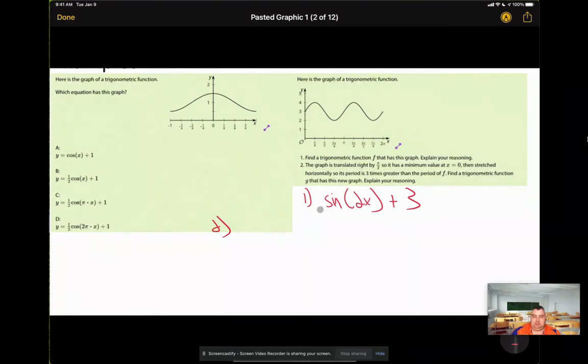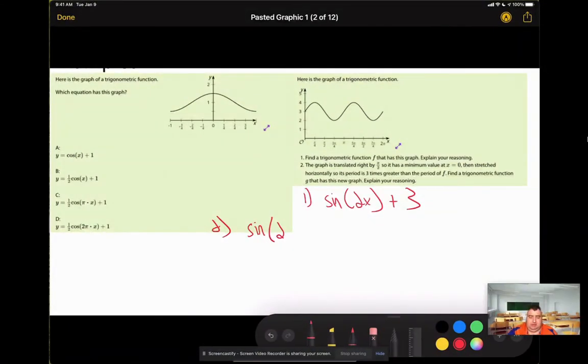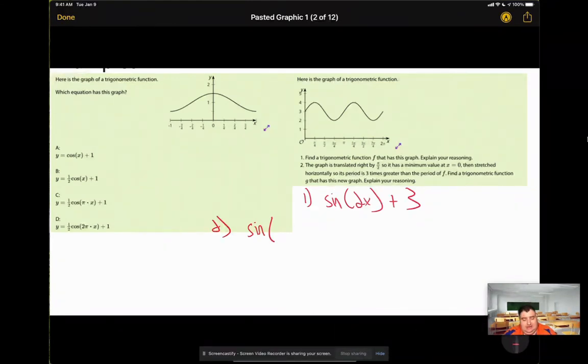So the amplitude is not changing and the midline is not changing. What's changing is I'm now instituting a horizontal shift. And I'm changing the period. So let's first look at the shift. The midline is not changing, so that plus 3 is going to stay there. So it's shifting right pi over 2.